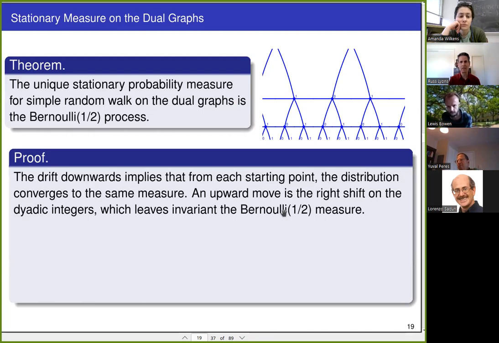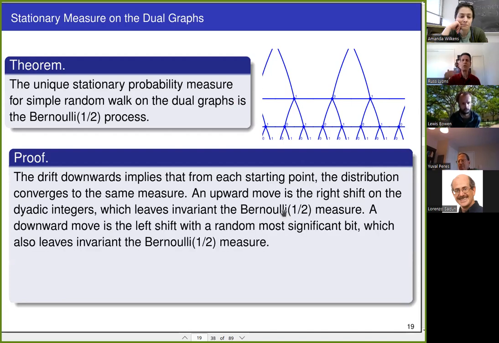It's a right shift on left infinite sequences. That definitely leaves invariant Bernoulli 1/2 measure. What if we move down? That's the left shift, but you add a new most significant bit, which is equally likely to be 0 or 1. Also leaves invariant Bernoulli 1/2 measure.